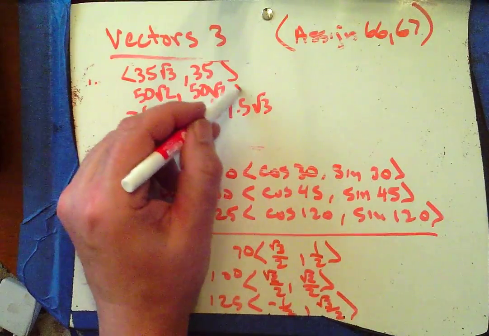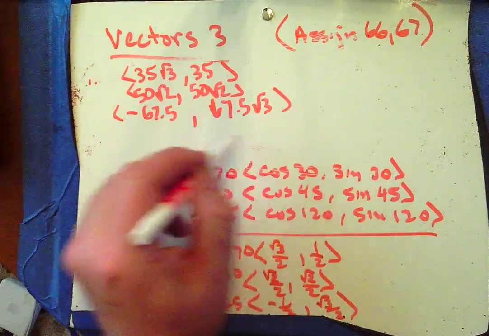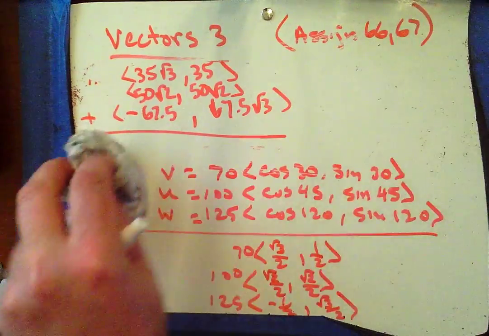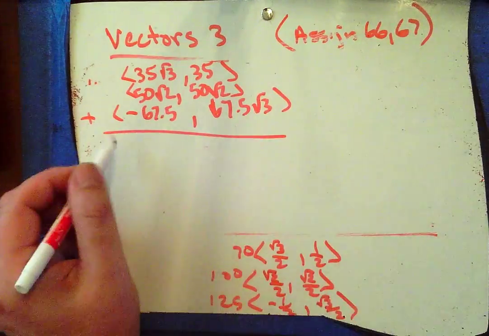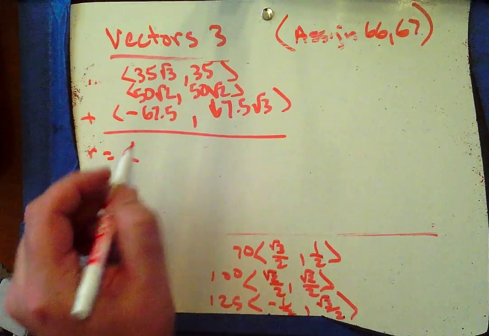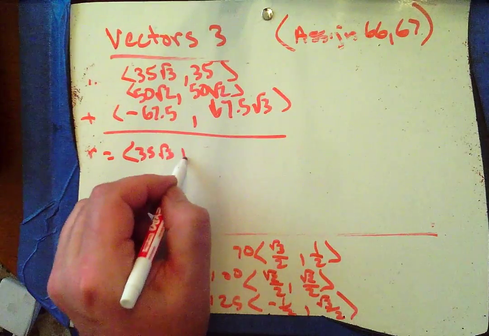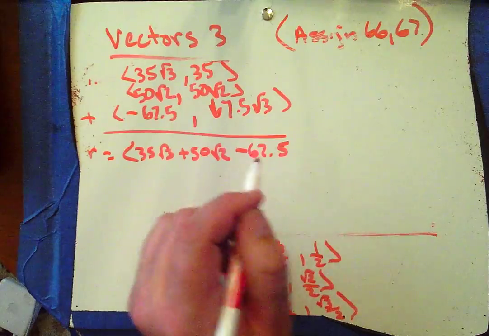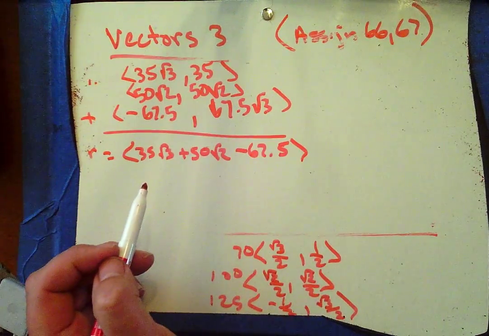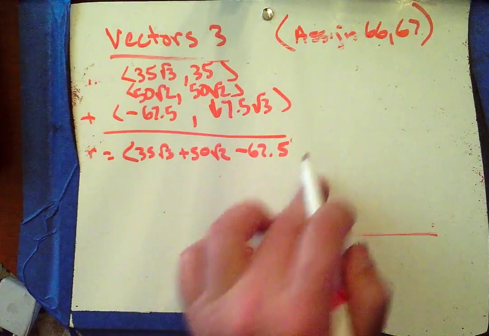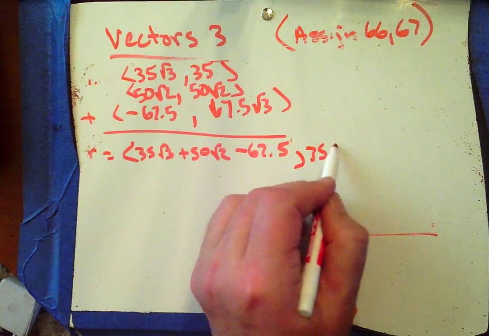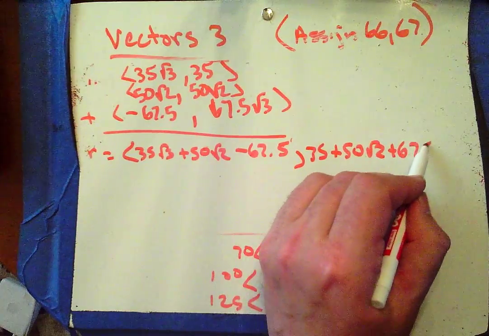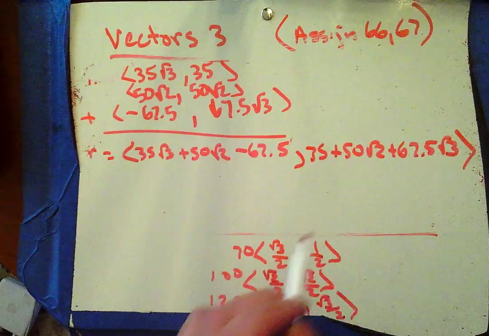And we want to add all these x components together, and we want to add all the y components together. And so I guess I could write r this way: 35 root 3 plus 50 root 2 minus 67.5, and comma, 35 plus 50 root 2 plus 67.5 root 3.